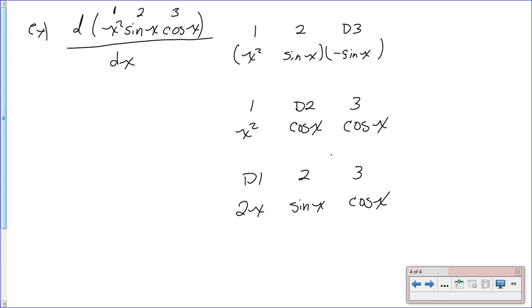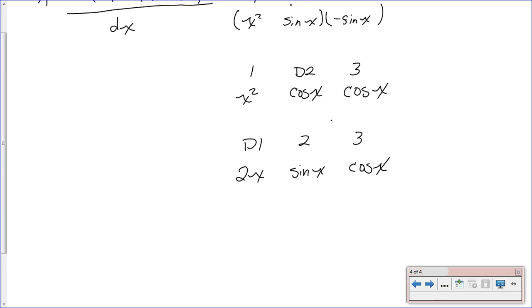So our derivative now, we would just combine all this together. I'm going to take this negative and throw it out front. Negative x squared times sine squared x plus x squared times cosine squared x plus 2x sine x cosine x.